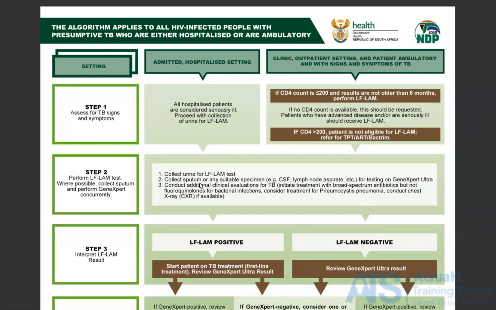All patients who are presumptive TB cases, or what we used to call TB suspects, must still get a sputum test for a GeneXpert test, and a chest X-ray may also be done, especially if you are dealing with a patient who has TB symptoms.